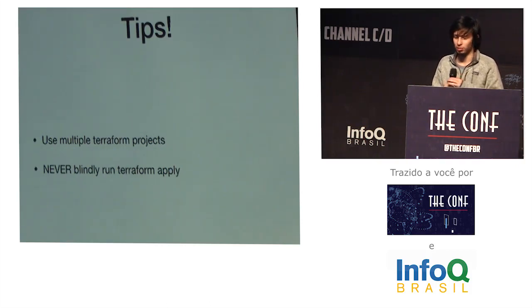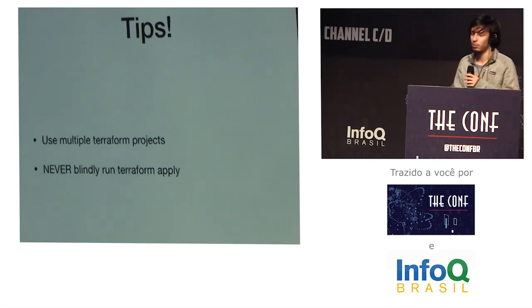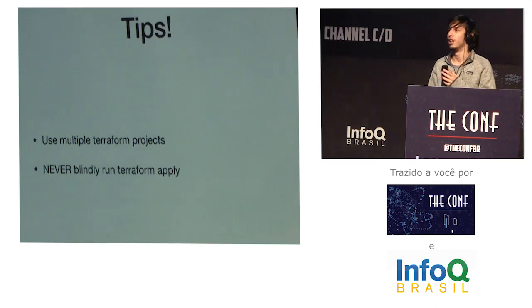You'll be changing just one resource or one component. For that, you can create multiple Terraform projects, and they can reference each other, but they are separated. So if you accidentally do a destroy operation on one, you just lose a bit of your infrastructure, not everything. So it's safer also.